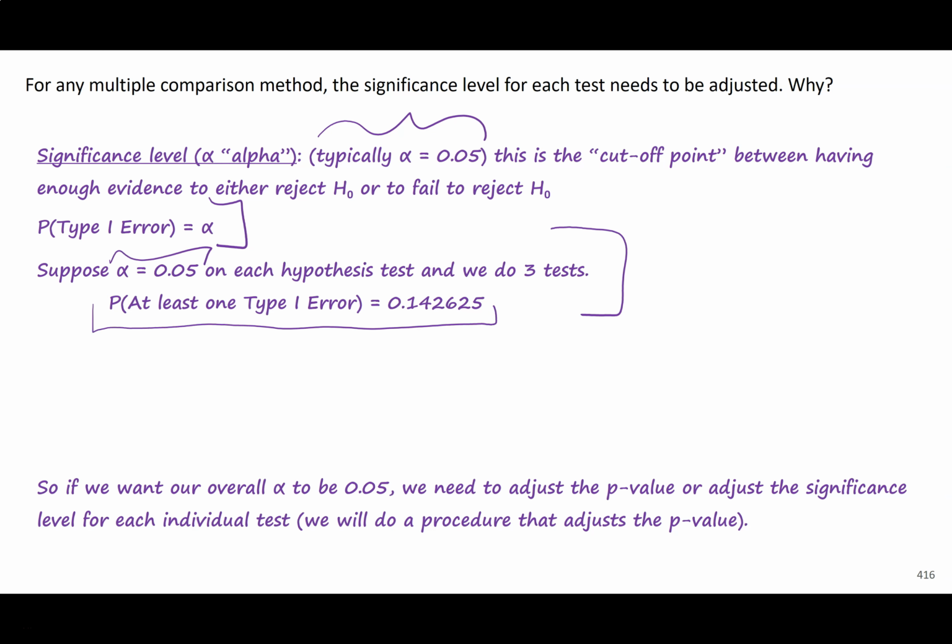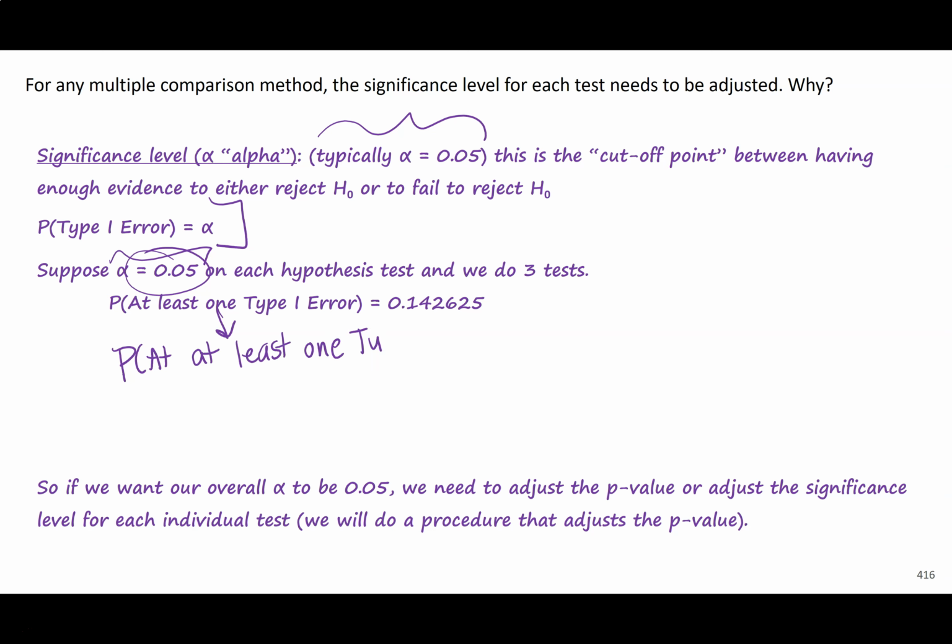The probability I make at least 1 type 1 error has jumped up from 0.05 to 0.14. So like 14% of the time I'm going to make a type 1 error, which now might become unacceptably high. Let me explain what this means. So probability of at least one type 1 error.